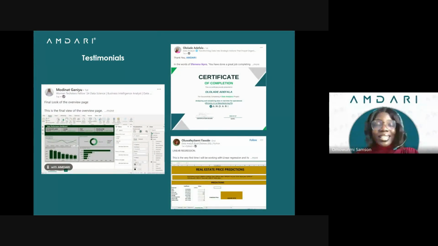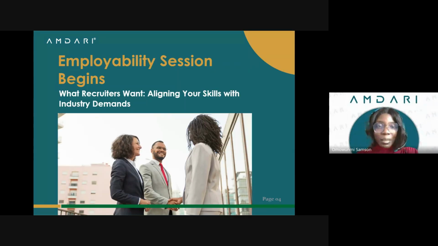This certificate is sent directly to your DM. It certifies that you worked on a project in a field, whether data science, data analytics, or data engineering, and it also tells the project that you actually worked on, the title of that project. So it's proof that you really did this, and it's something you share on LinkedIn because we encourage building in public. That's how you also get to position yourself properly as a data professional.